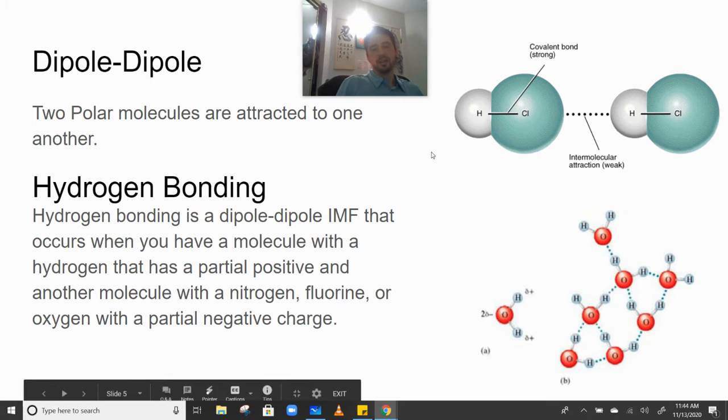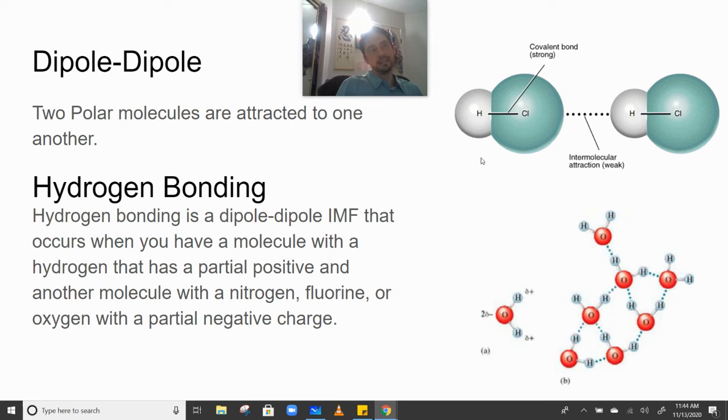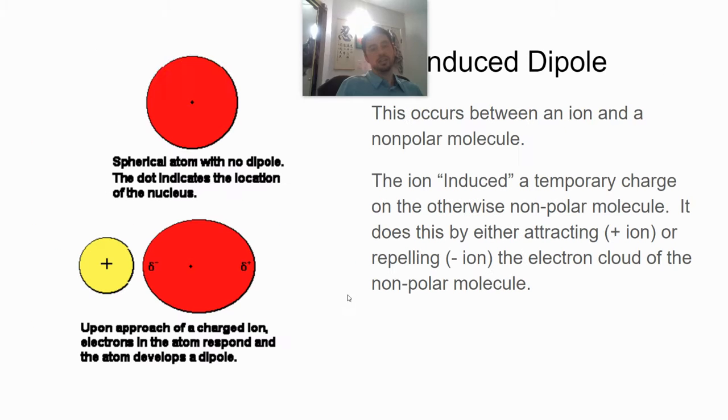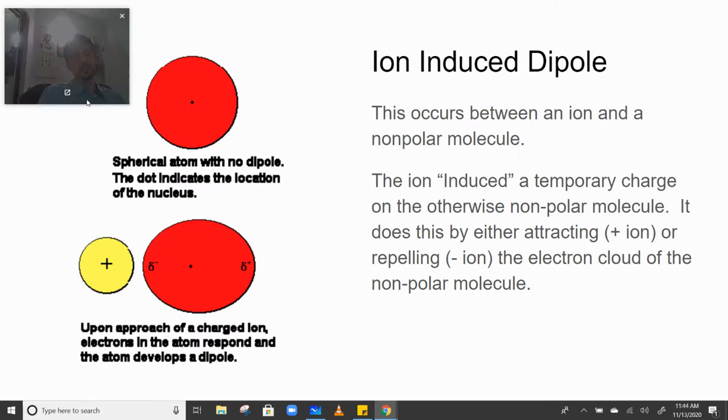And really, why we don't talk about that one too much is because what we're concerned with here is the interaction between the like molecules. How is their interaction? So when you have an ion come in, this will cause the non-polar molecule to have a charge, and now it will interact with other molecules like itself.